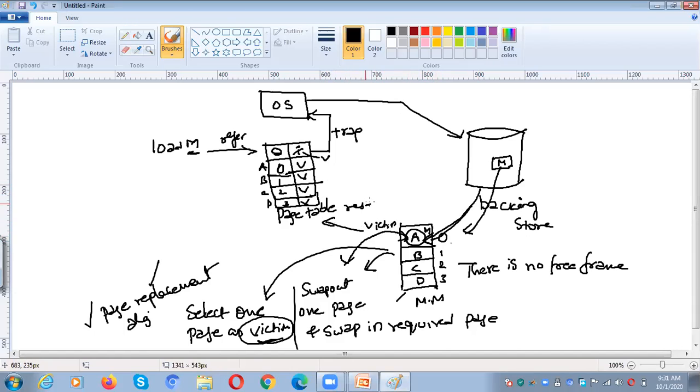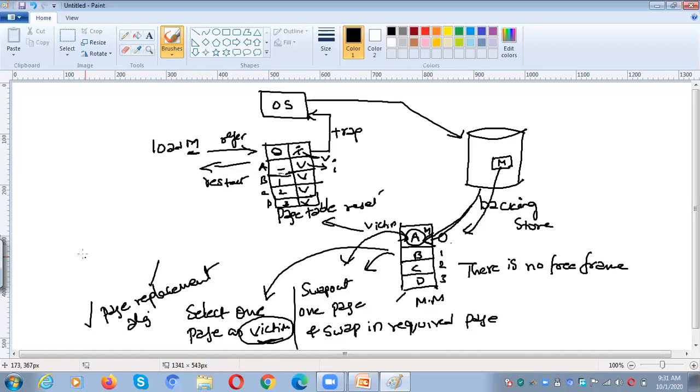We need to reset the page table. What do we need to change? We change I to V for M, and now A is not available in the main memory, so its V has to be changed to I. Then you need to restart.